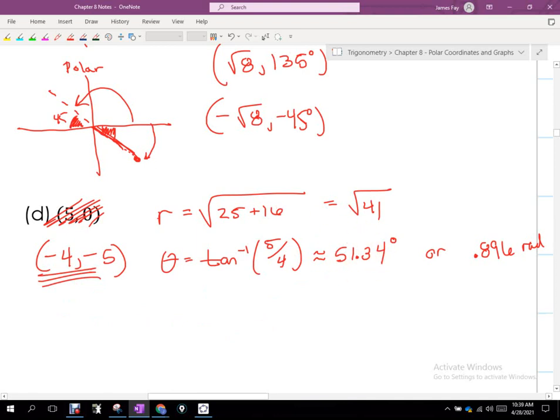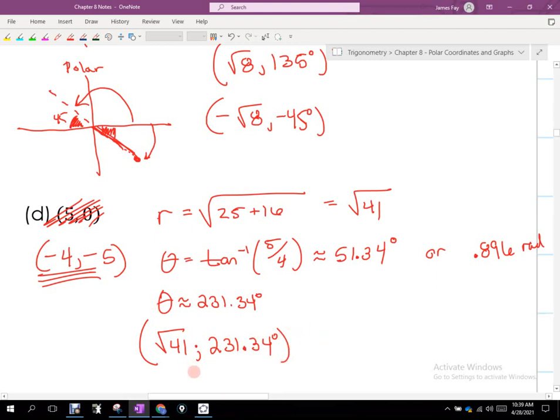So plus 180, 231.34 degrees. So our ordered pair in degrees will be radical 41 as r, and then 231.34 degrees as theta.